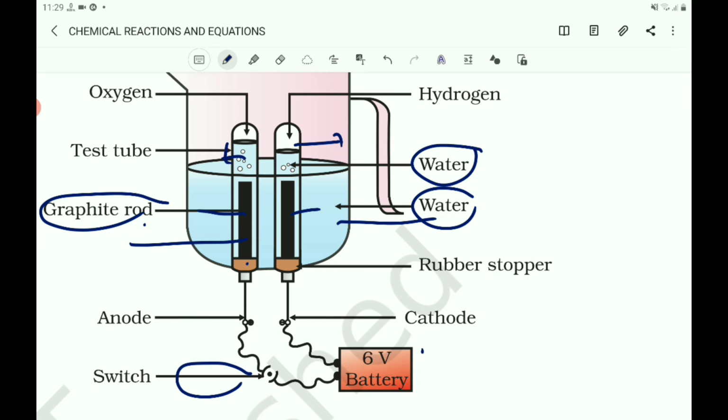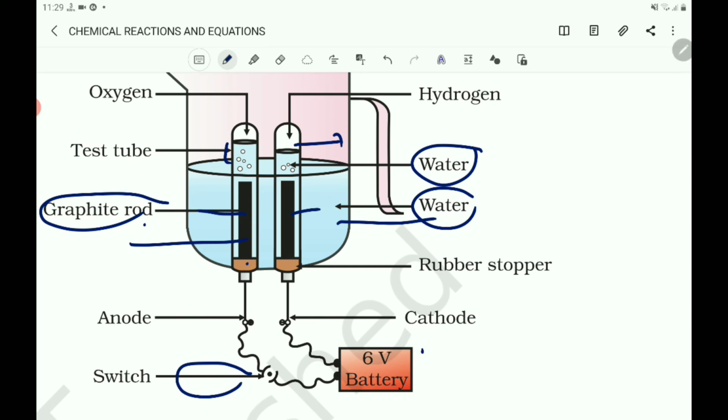After some time, you can observe the formation of bubbles at both the electrodes. These bubbles are displacing the water in the test tube.